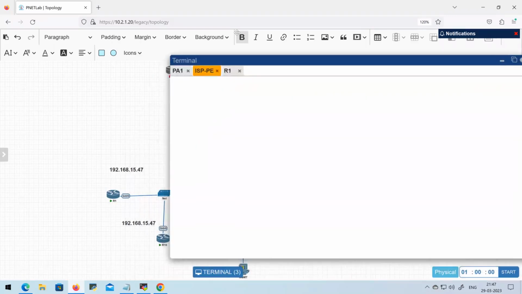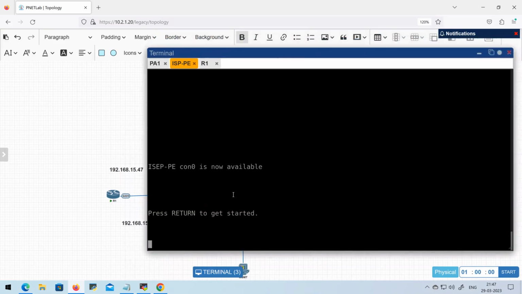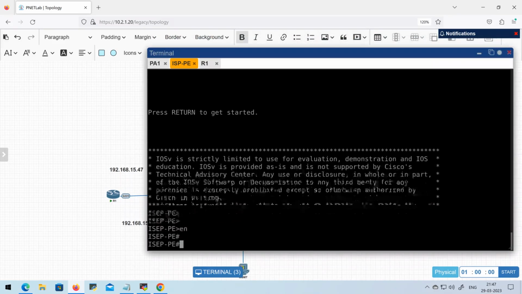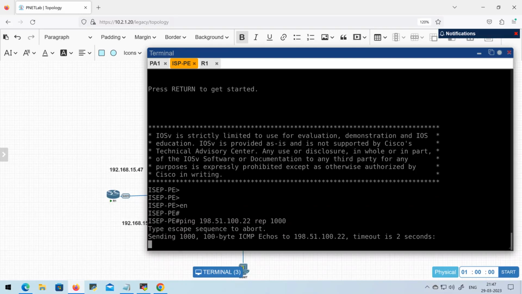Theoretically, it should work. If theoretically it should work, then it should work. And if it does not, then I want the reason. Not working. Didn't work.